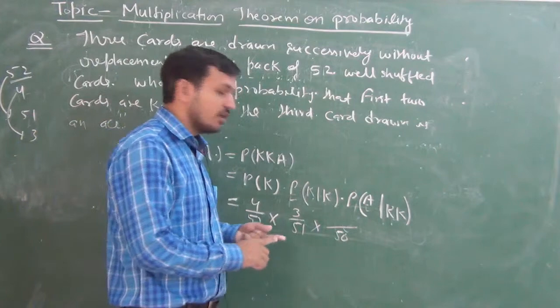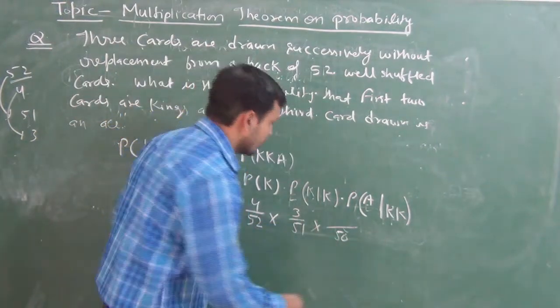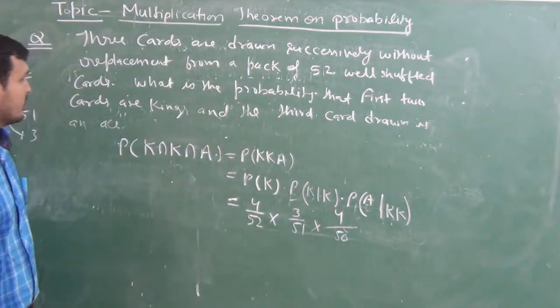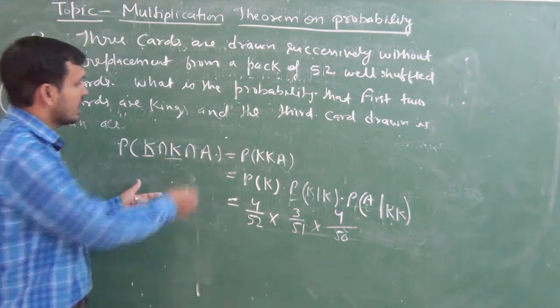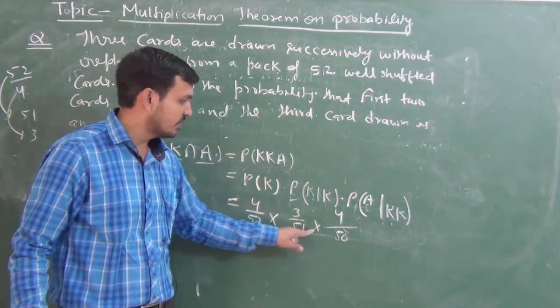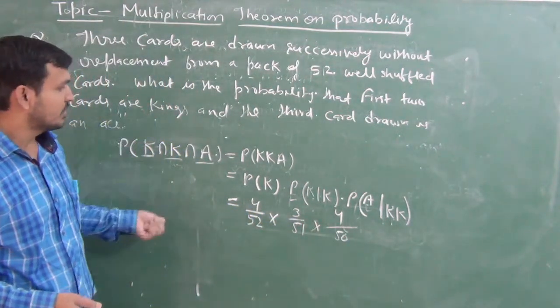So the probability of getting an ace out of these 50 cards is 4 by 50. Clear? So the probability of getting the first card as king, second card as king, and third card as an ace is given by 4 by 52 into 3 by 51 into 4 by 50. Clear? So it is very simple to apply.